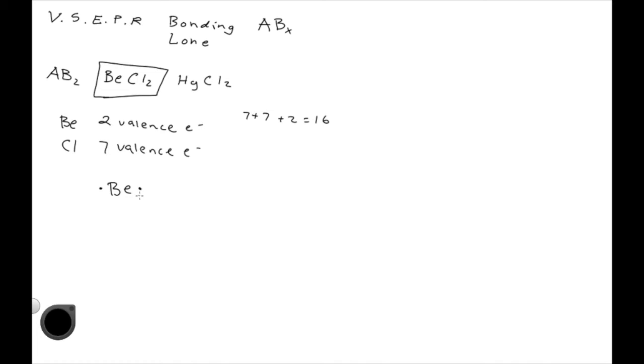So in this case, we take one of our chlorines, we attach it to the beryllium atom. So we have chlorine on this side. Then we take the other chlorine, and we attach it to this side.